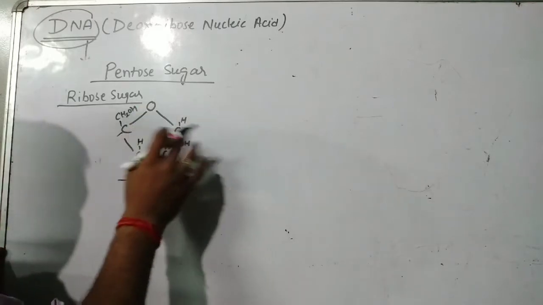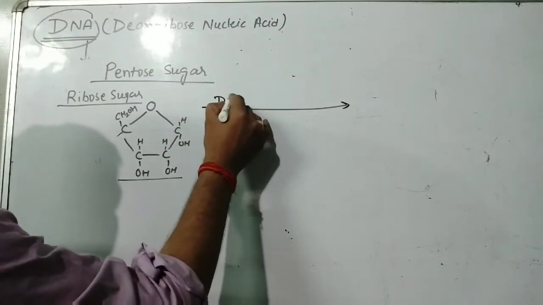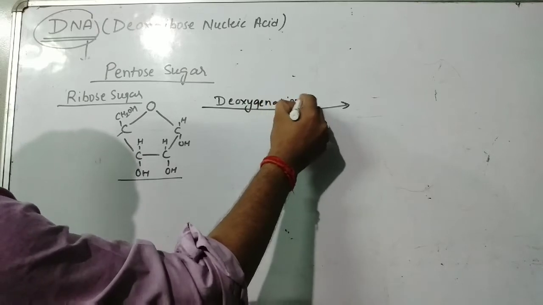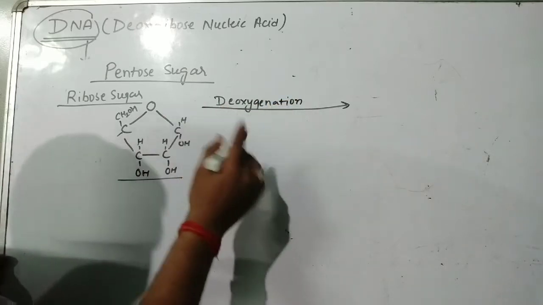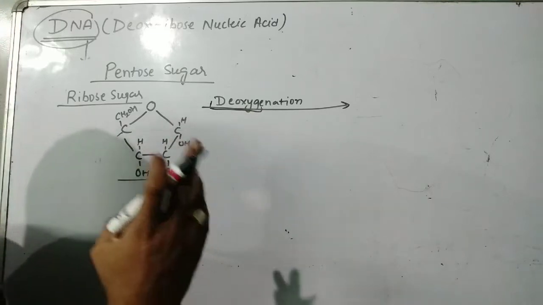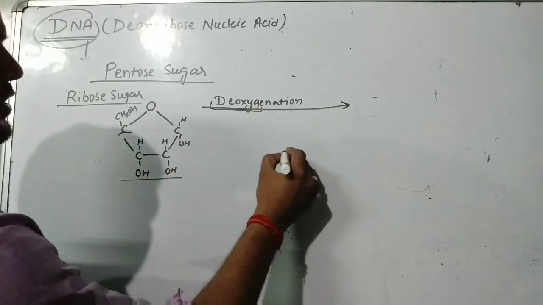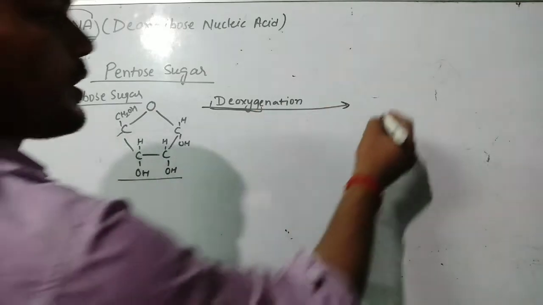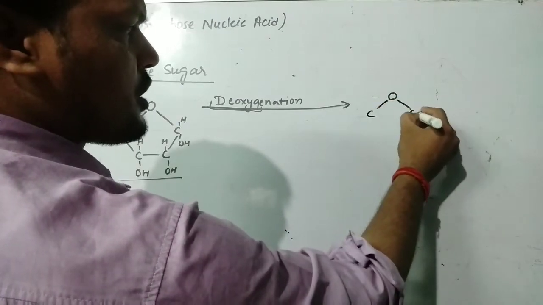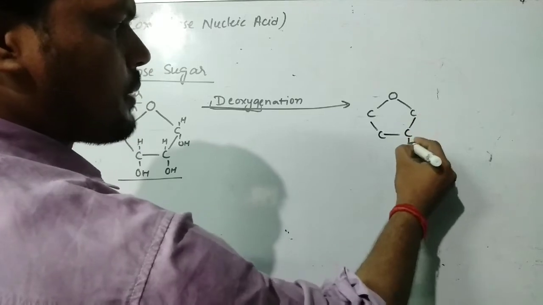Now when you go for deoxygenation, what does the word deoxygenation mean? Deoxy is a process in which we remove one oxygen atom. So after deoxygenation, we will find a new compound that is deficient of one oxygen atom at the second carbon.